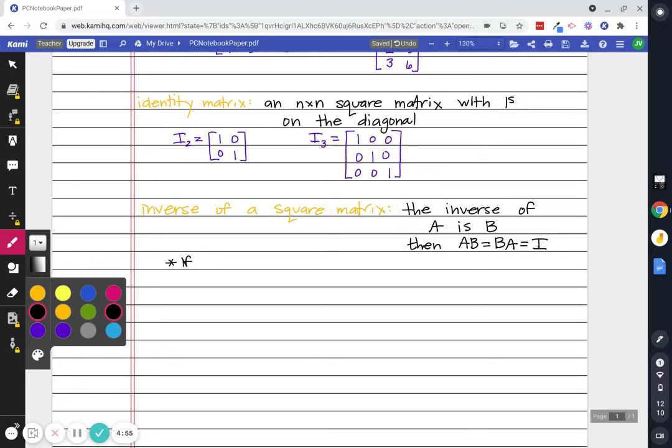If A has an inverse, it is non-singular. If it doesn't, then it is singular.